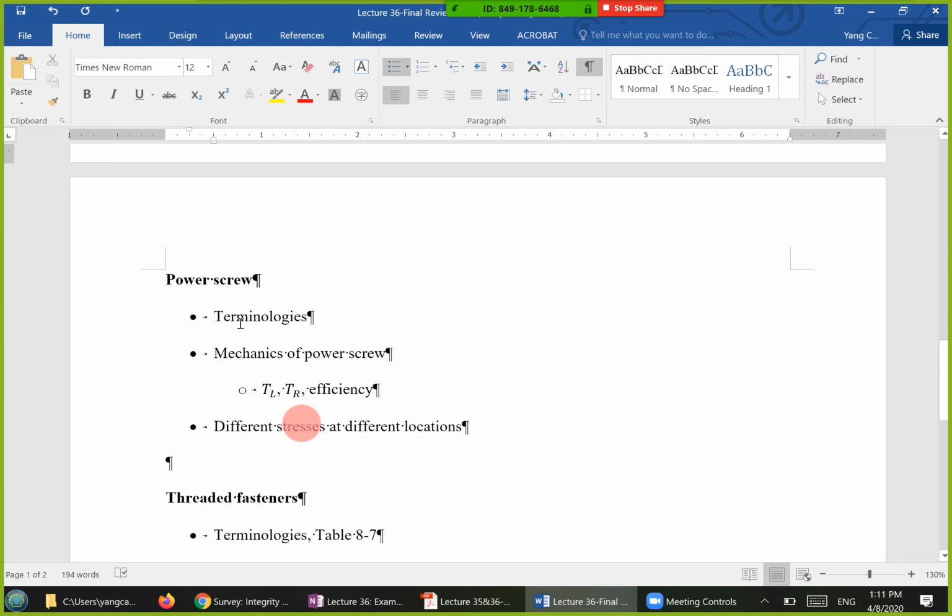Power screw. We look at the terminology. We also look at the mechanics of the power screw. In this part, there's a formula derived to calculate how much torque you need to raise or lower the load. There's a condition called self-locking. If the friction is very low, then the nut could actually drop by itself.